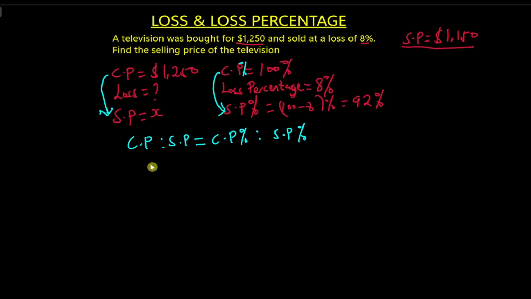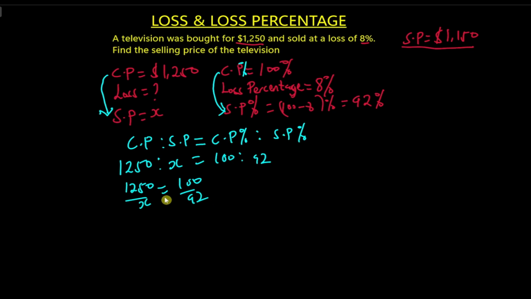The cost price is 1,250. The selling price we don't know, so we just said x. The cost price percent is 100, and the selling price percent is 92. So when we change this into fractions, you have 1250 divided by x equals 100 divided by 92.